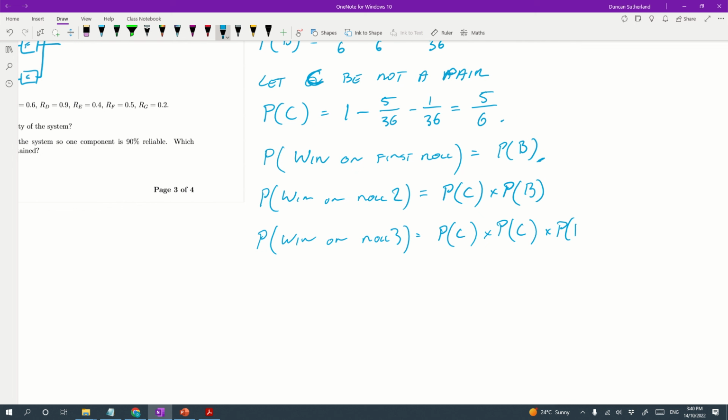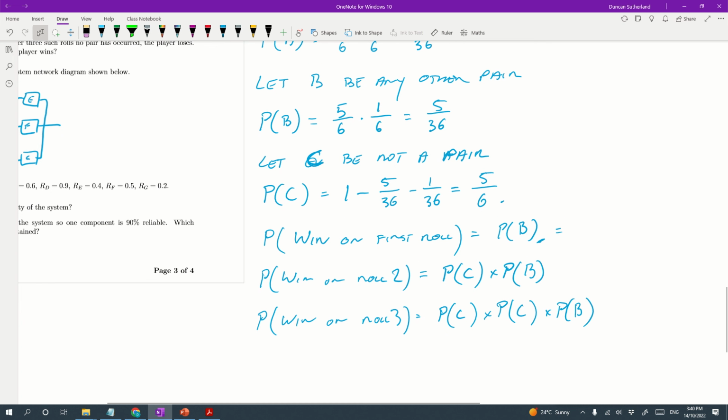And then finally, to win, we get another P of B. So you can work this out in actual numbers. That's 5 over 36. This is 5 over 6 times 5 over 36. This one is 5 over 6 times 5 over 6 times 5 over 36.